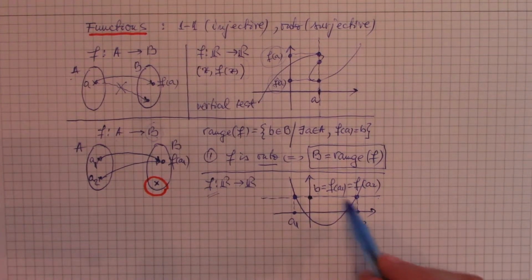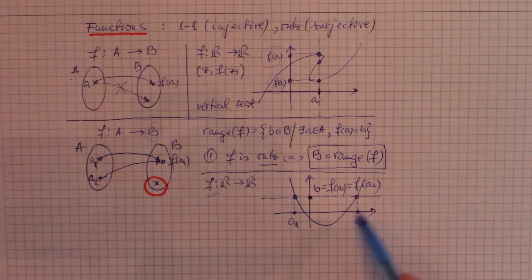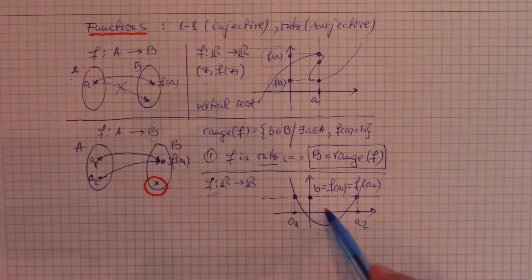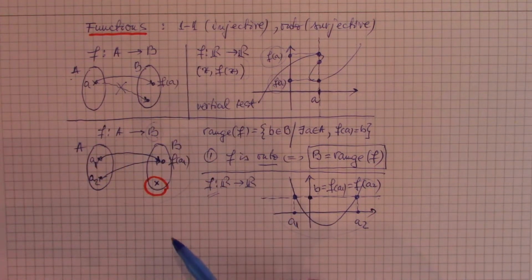Right, so actually this graph of a function has the property that 2 different points of its domain are mapped onto the same point of the codomain. So this is the diagram that corresponds to this view of a function.